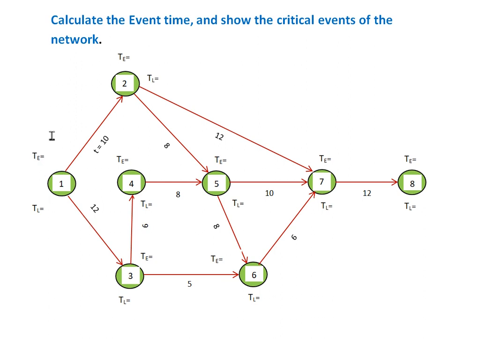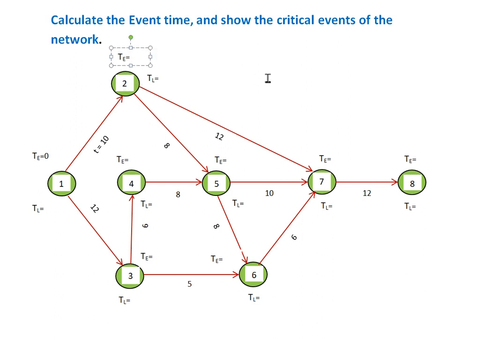So first we calculate TE, the earliest expected event occurrence time. The TE of the initial event, event 1, is 0. Then we need to calculate the TE for event 2.